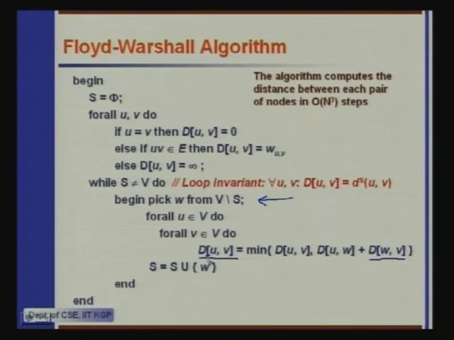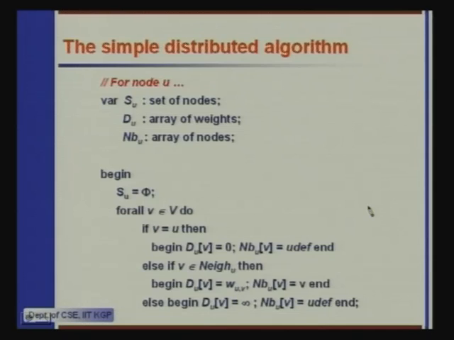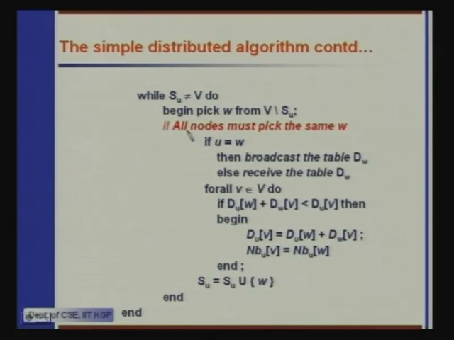And therefore, each node u, when it has the dwv values, can actually compute the duv values locally and thereby maintain this invariant.